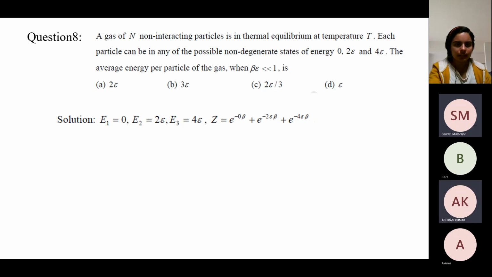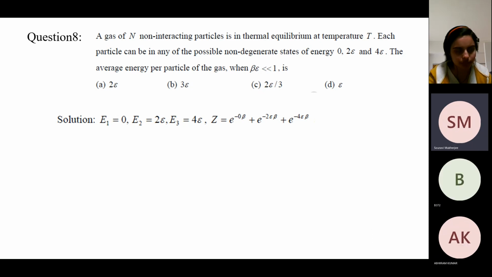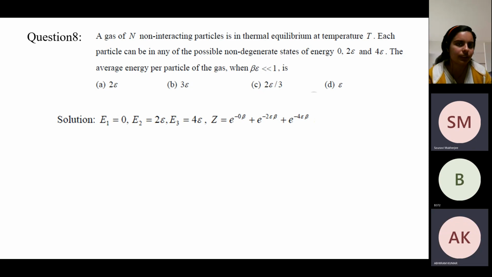I think if you just sum up all the energies with the individual probabilities, right? E1 into P of E1 plus E2 into P of E2 plus E3 into P of E3, because these are discrete systems.